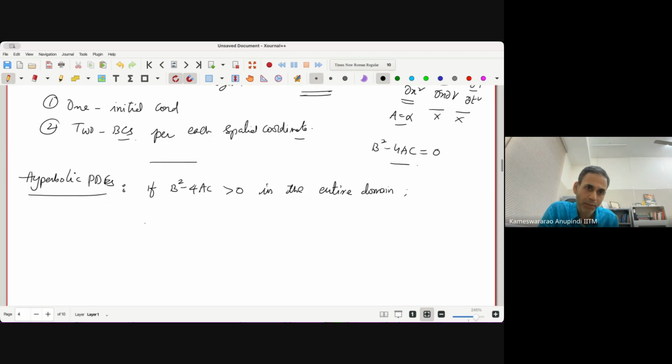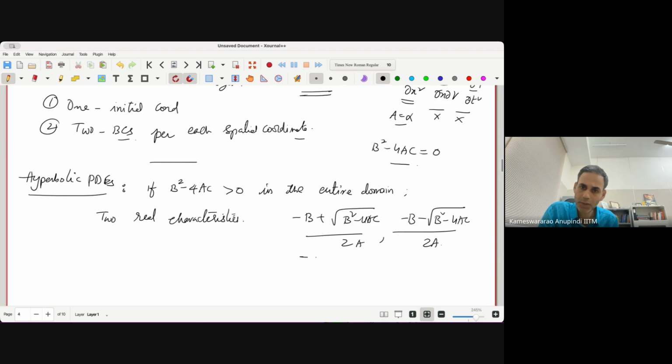And hyperbolic PDEs have two real characteristics because B squared minus 4AC is now greater than 0. You have minus B plus square root of B squared minus 4AC by 2A, and you have minus B minus square root of B squared minus 4AC by 2A.